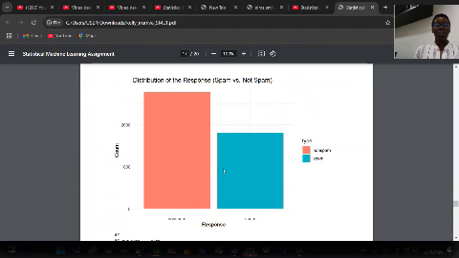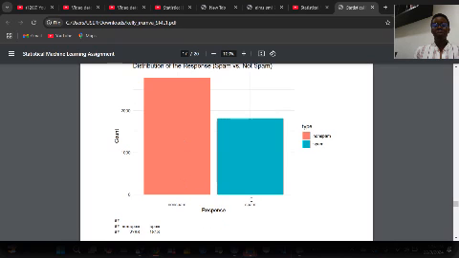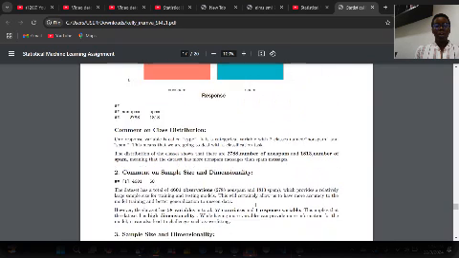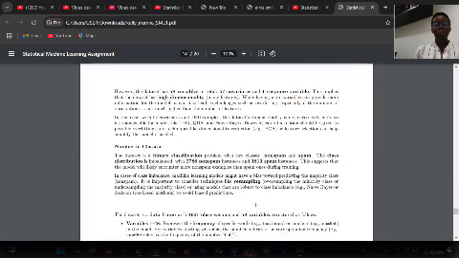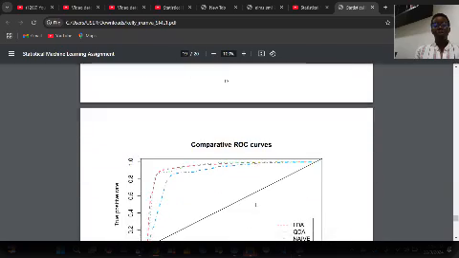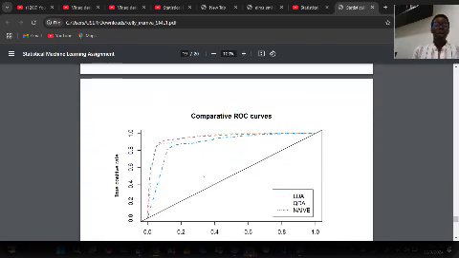We can see here that there are more non-spam than spam messages. We continue by analyzing our ROC curves, and by this we can see that naive Bayes is the worst model, and LDA and QDA perform almost the same.